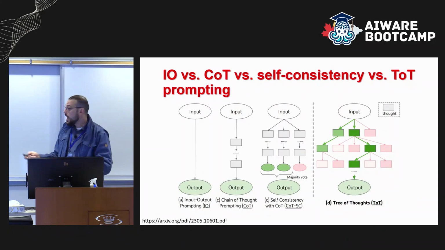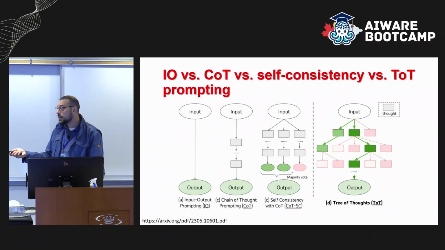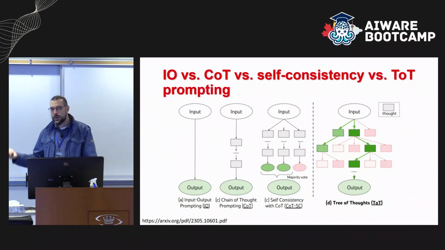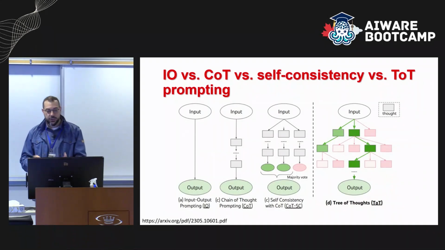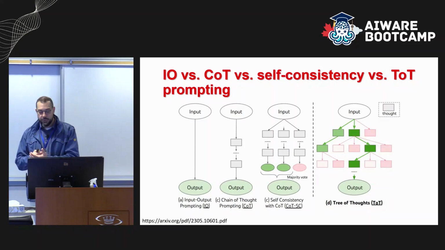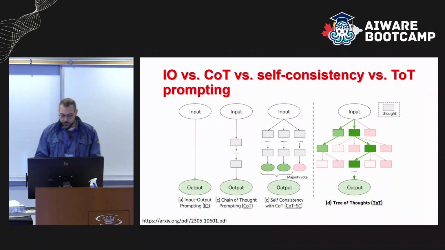Self-consistency, we have multiple paths, but you do not do backtracking or anything. You just explore all of them, and then you do some type of averaging them out. And tree of thought, you have this search algorithm on top where you can do backtracking, and you also have this evaluation where you ask the foundation model to evaluate its own produced thought, okay? Just to wrap this up.